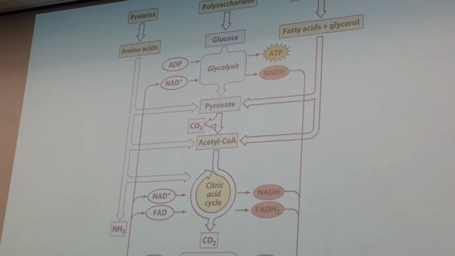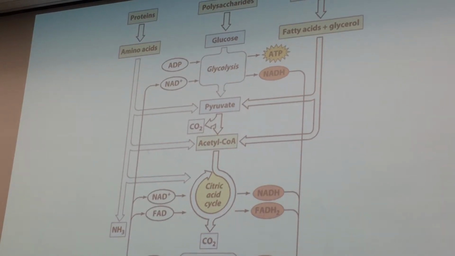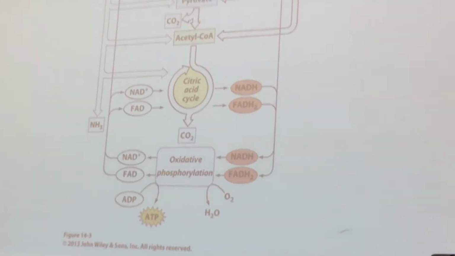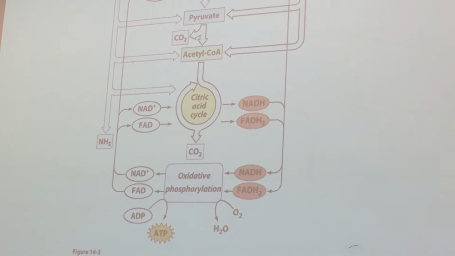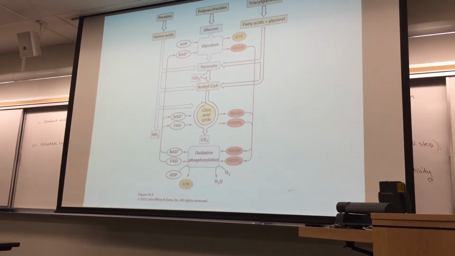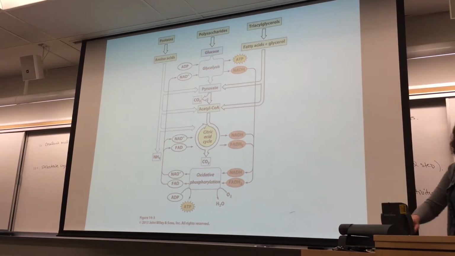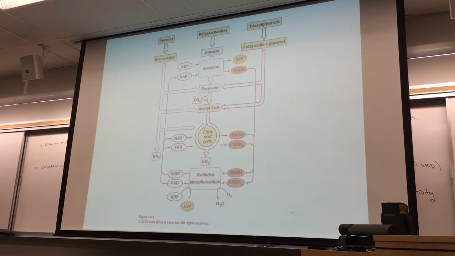So glycolysis being the first one, then we're going to feed into the citric acid cycle, and ultimately into electron transport and oxidative phosphorylation. In doing so, we're going to release a whole boatload of ATPs once we get down to oxidative phosphorylation. We'll do a little bit of ATP release in glycolysis and a little bit also in the citric acid cycle, but the bulk of the ATPs are going to come out down here. So those are our central catabolic pathways.